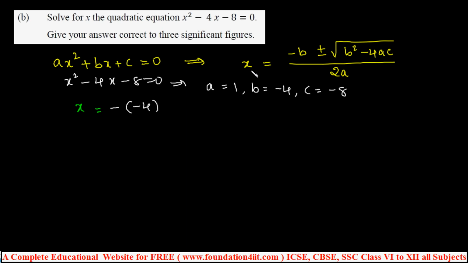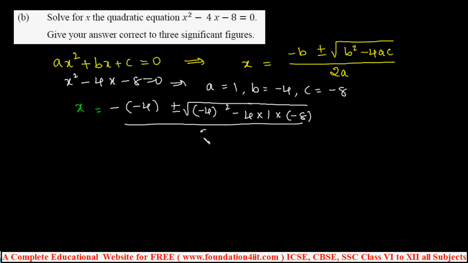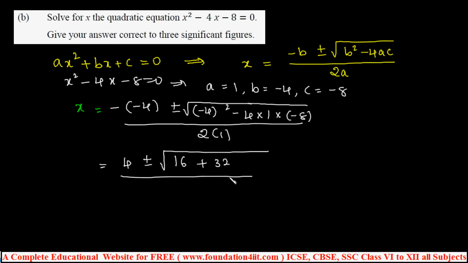Okay, the formula is minus b, the value is minus 4, and plus or minus root b square, minus 4 square, minus 4 into a into c, which is minus 8, and divided by 2a, 2 into the a value, which is 1. We'll simplify this. 4 plus or minus under root, minus 4 whole square is 16, and minus into minus is plus, 4 into 1 is 4, 4 into 8 is 32, divided by 2 into 1 is 2. This is the value of x.